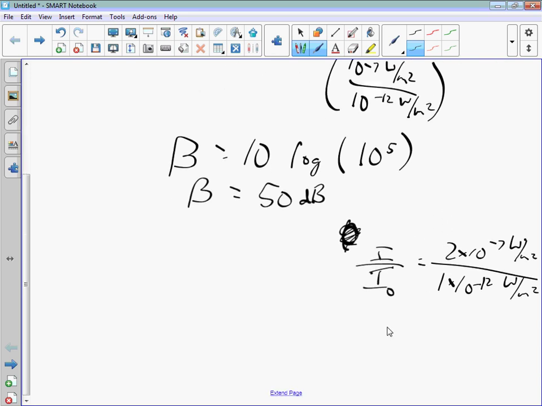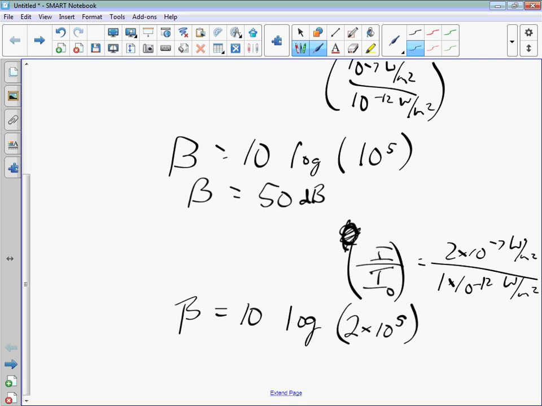You do that calculation, you end up with a value for that ratio of 2 times 10 to the 5th. Okay, beta equals 10 log of 2 times 10 to the 5th. When you go through that calculation, you get 53 decibels.